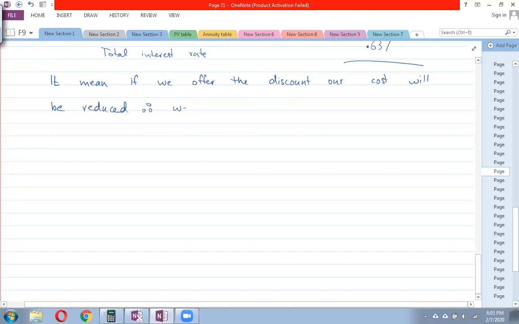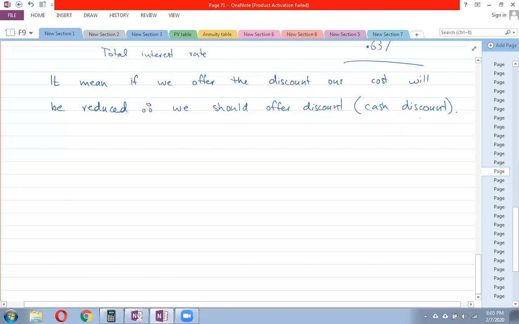Therefore, we should offer the discount. Which discount? The early payment discount, or I'll say cash discount, right? The trade discount, yes, you can get the trade discount when you purchase in bulk, but the trade discount will not be considered. You will only consider the cash discount.